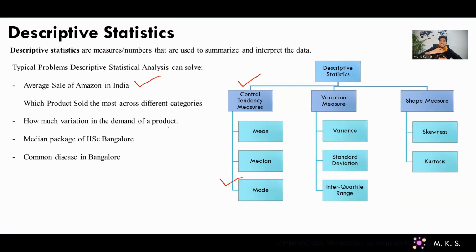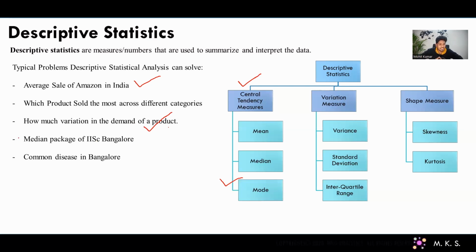You cannot just keep an inventory of 10,000, guys. You need to keep some buffer as well. To understand how much buffer you need, that's where the variation measure comes into the picture. That is standard deviation, variance, and interquartile range. That's why they are important, right? So how much variation in the demand of a product? We are talking about the different measures of spread, right?